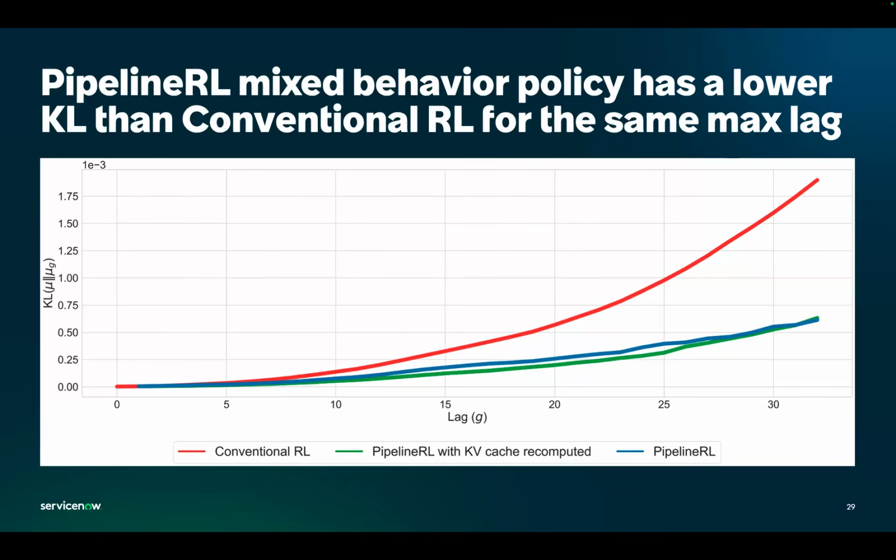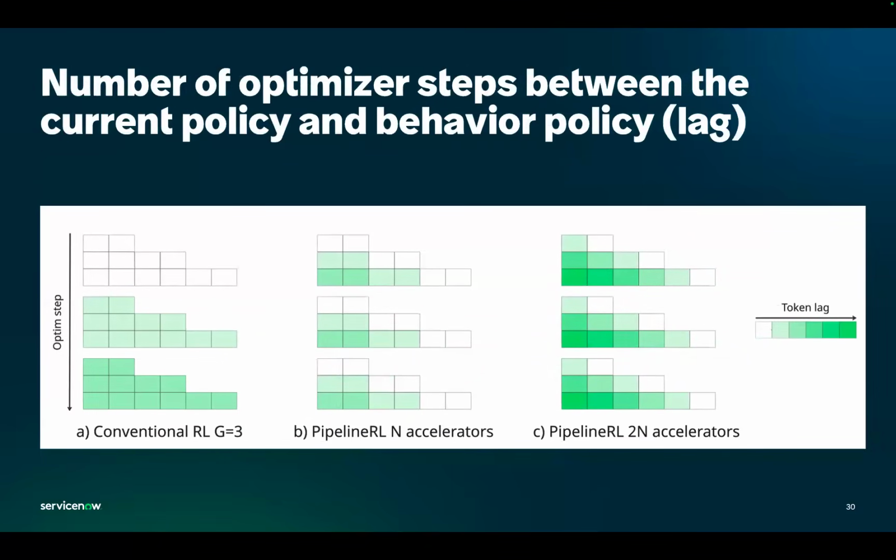We're kind of beating a straw man here because we use a very long sequence length, which is a setting that is beneficial for PipelineRL, and you'll see why in this slide.